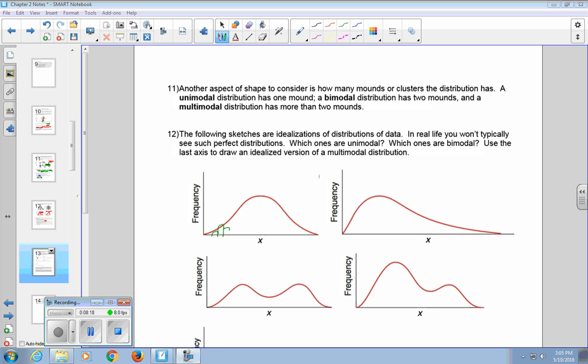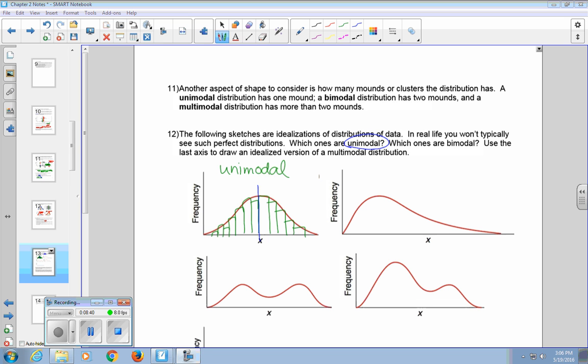Right, so first thing to think about, again, these are models. So imagine it showing you the rough outline of a histogram. This first distribution is something that is symmetric, and it's also unimodal because it has 1 peak. So it's got a peak in the middle and unimodal. The second one to the right is also unimodal.